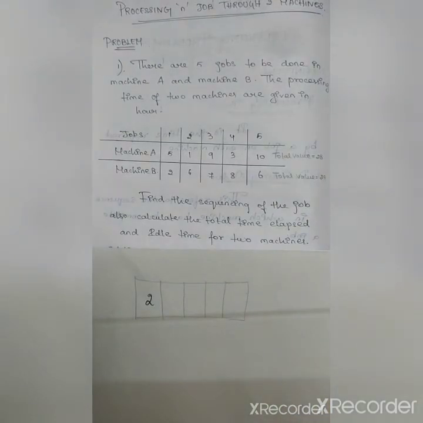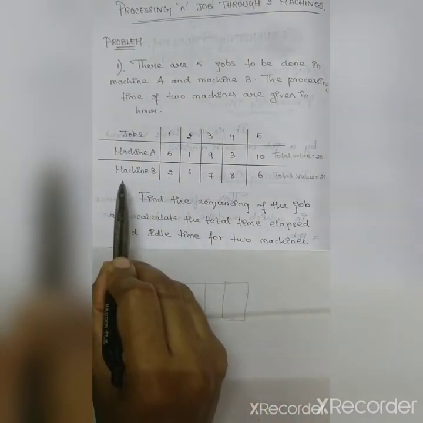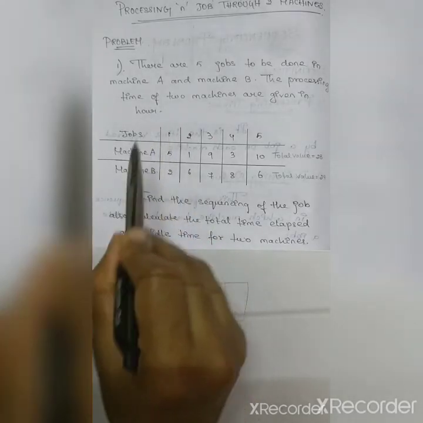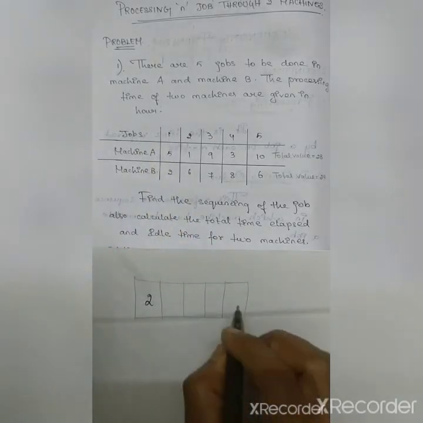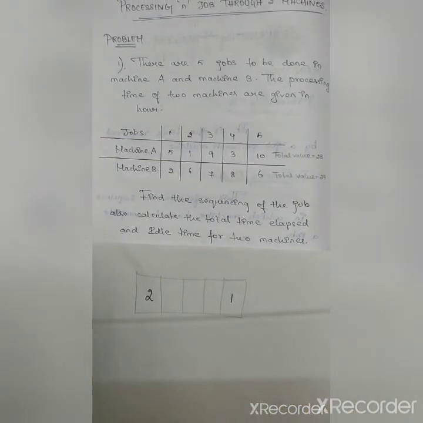For these, the next least value is 2, which belongs to machine B. So job 1 is written on the right side of the box. This is the sequencing table, so jobs 1 and 2 have appeared.